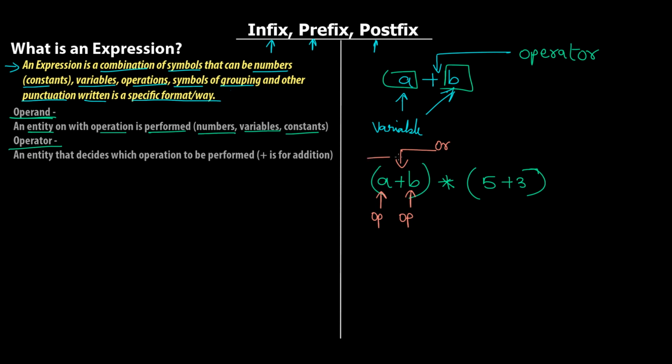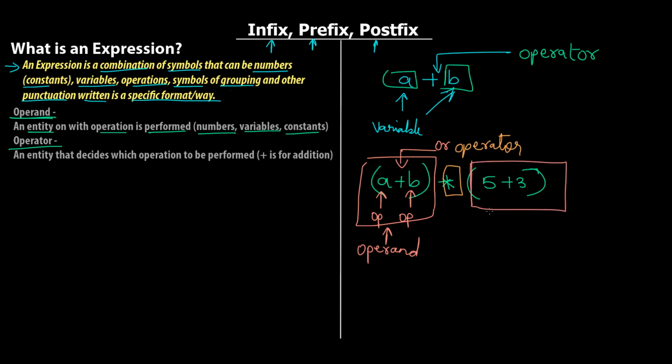But this entire left hand side can be considered as one operand also, because then we also have an operator in between over here. So this is another operator, and similarly the same story goes for the right hand side. So this one entire thing can be considered as an operand. Internally we have two small operands also, and then we have an operator in between, right?